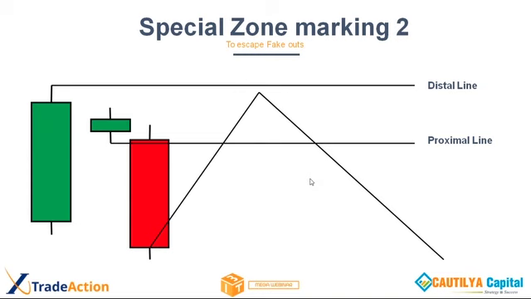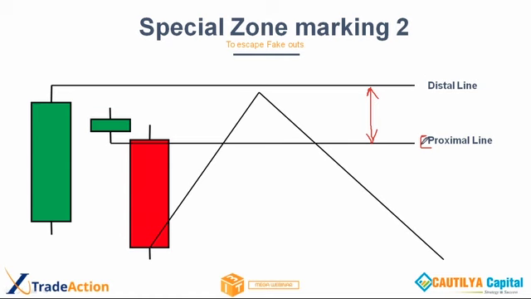Okay, so theoretically the proximal line is the entry point. If you mark this zone and price comes back, the proximal line is the line of entry, and the distal line is your stop loss. So you short at the proximal line, you stop loss at the distal line, and the target is always 1:3 of the distance between the proximal and distal line.